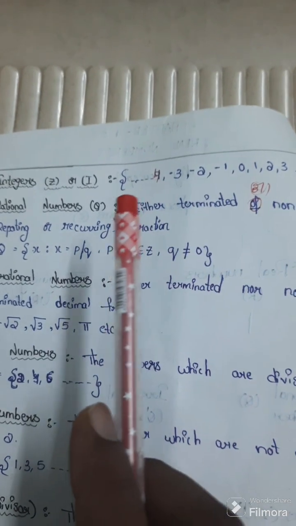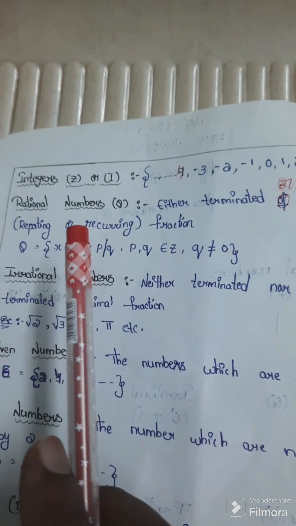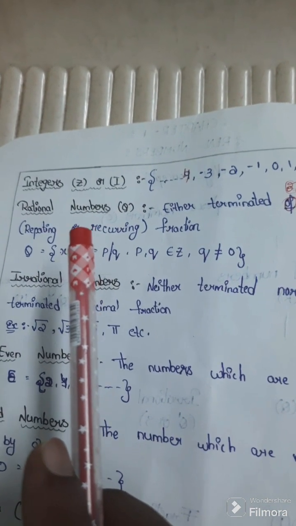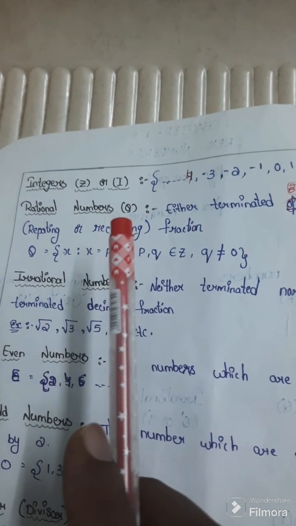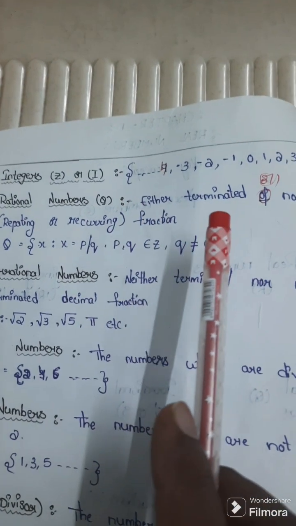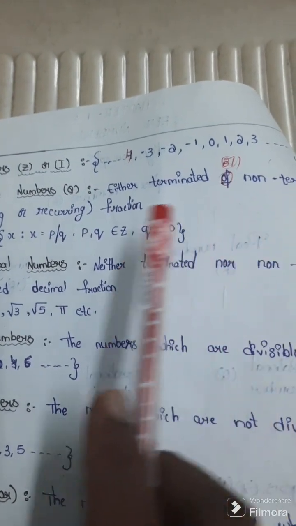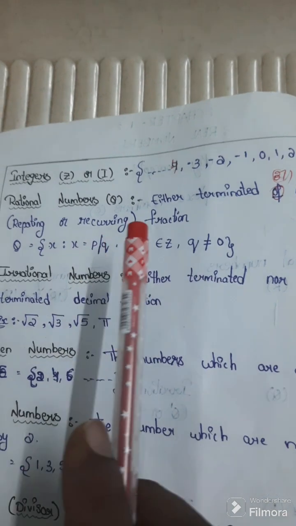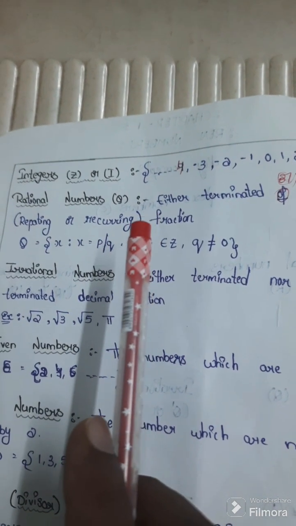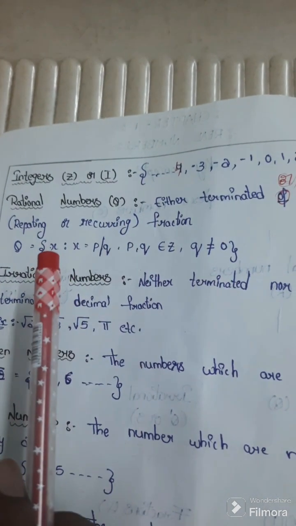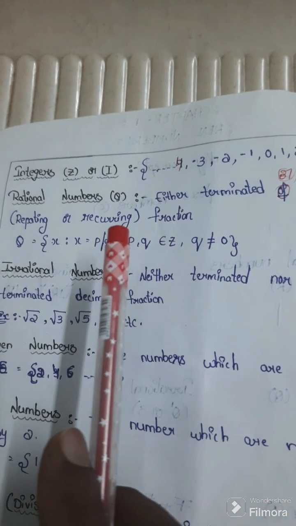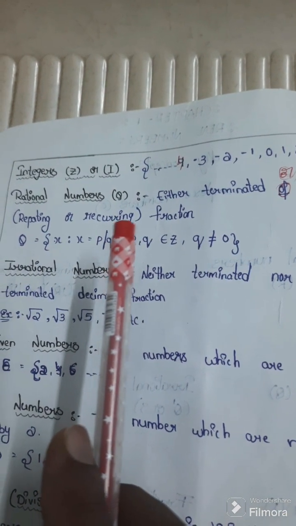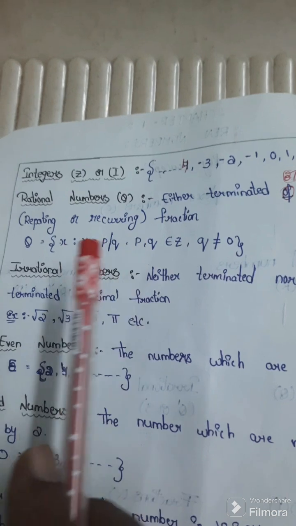This is integers. Our main concern in this 9th class is rational numbers, that is Q. A number that is either a terminated or non-terminated decimal, or a fraction, is called a rational number. What is a terminated decimal and a non-terminated decimal? I shall explain briefly in this class itself.